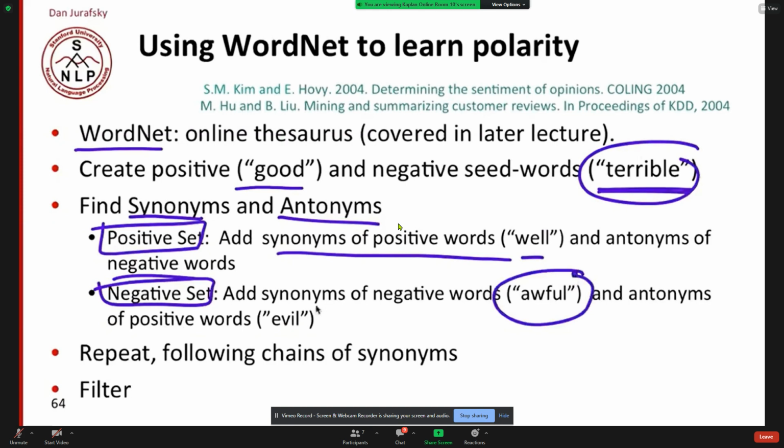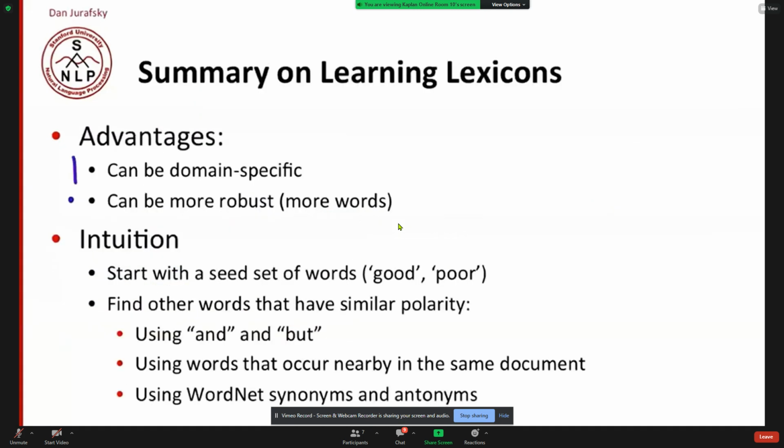And then each of the algorithms that make use of WordNet for learning polarity will have various ways of filtering, but we might be able to learn it from the web or from the data we're looking at.